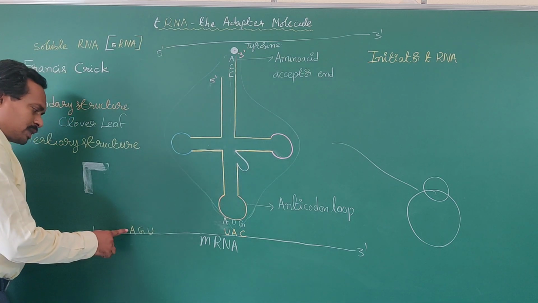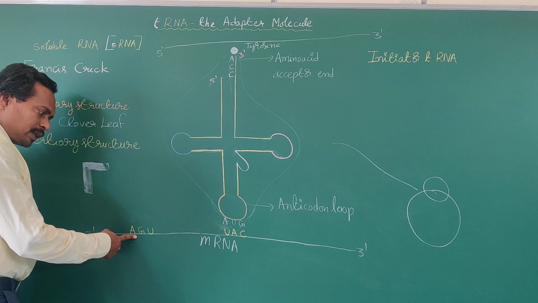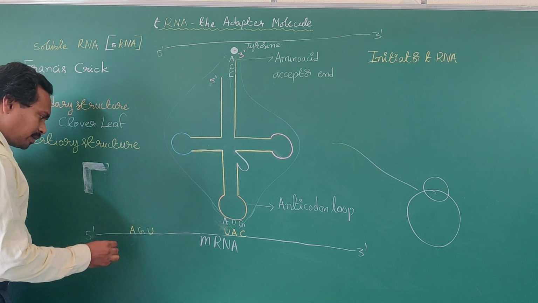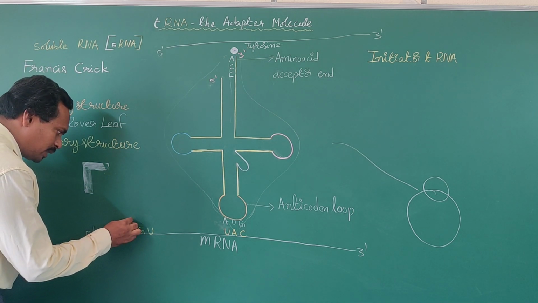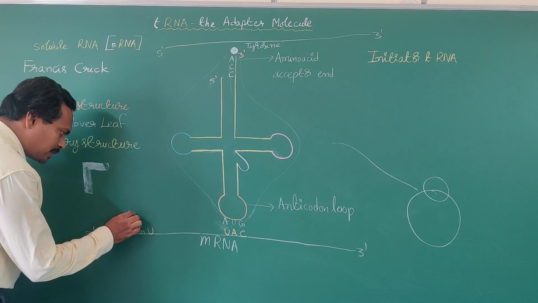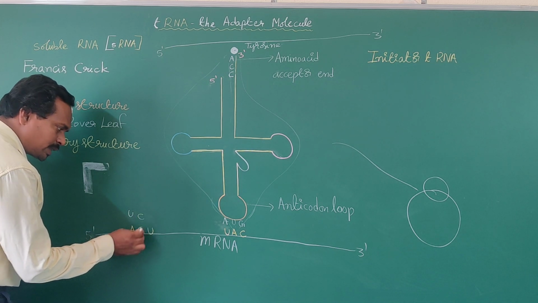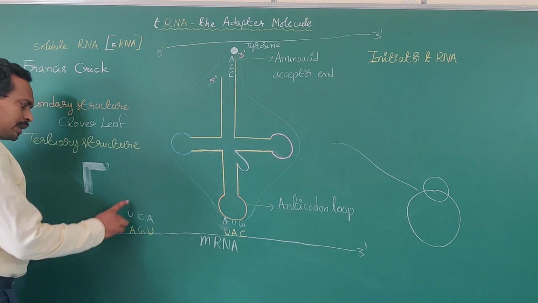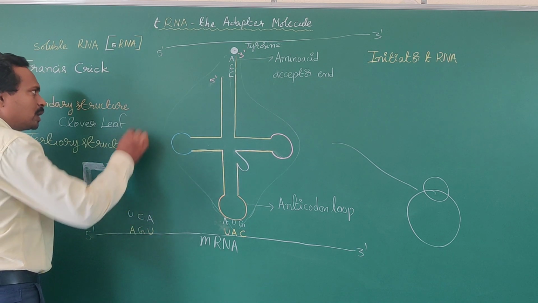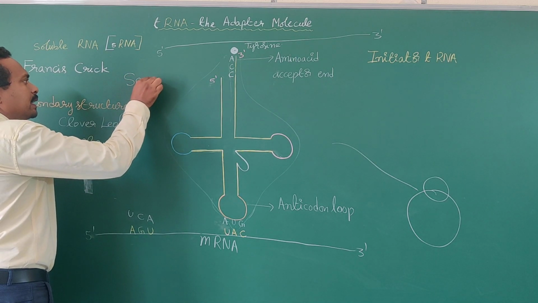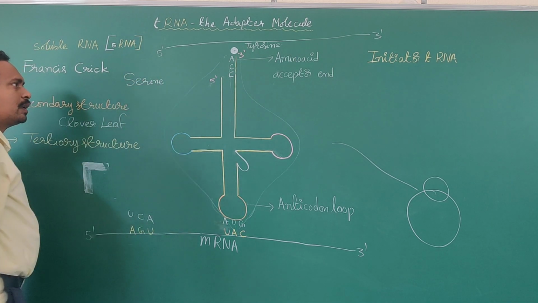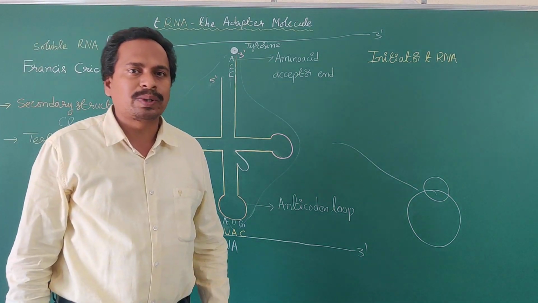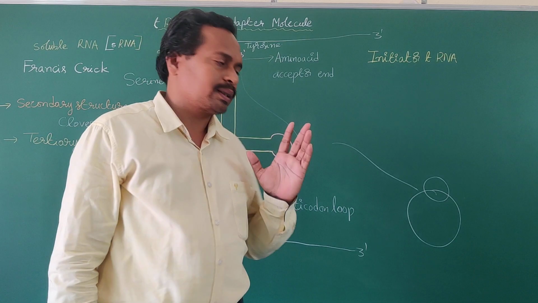Okay. Suppose the AGU codon is present on the mRNA strand. Here the tRNA is opposite: adenine opposite uracil, guanine opposite cytosine, uracil opposite adenine. So here another tRNA molecule carries the serine amino acid. So each tRNA molecule carries one specific type of amino acid.